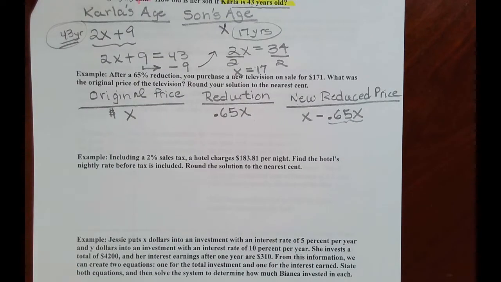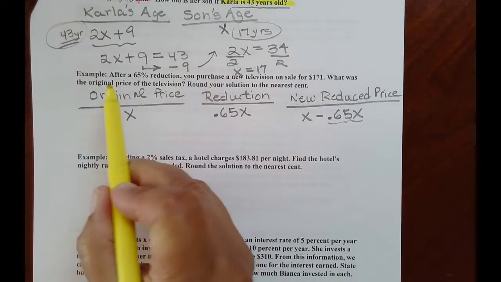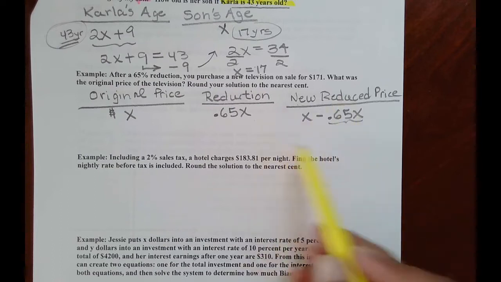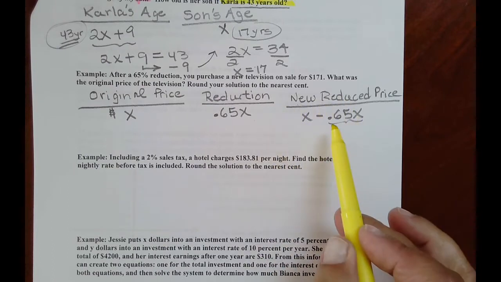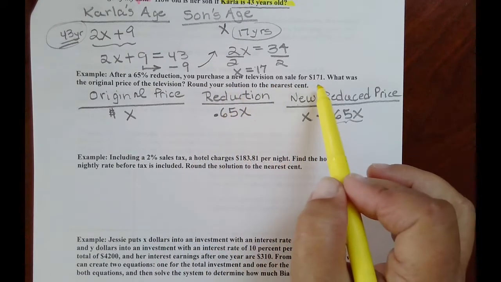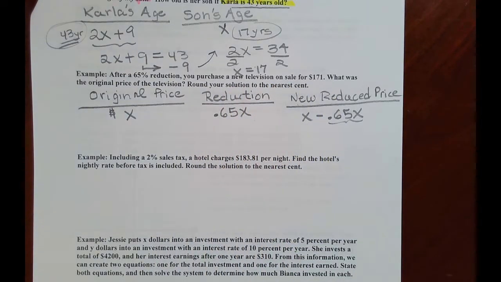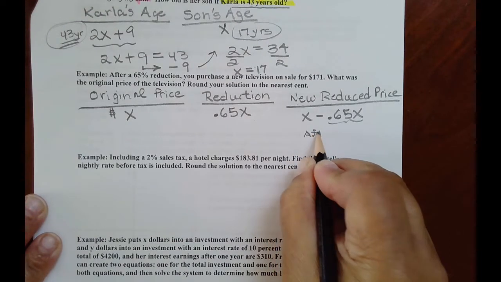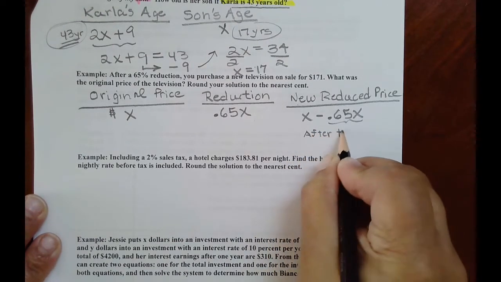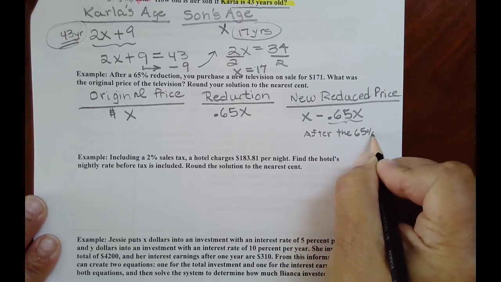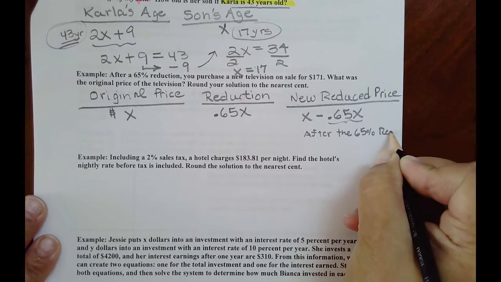Well, they give you some information about that. They say after the 65% reduction, you purchase the new television, you get it for $171. So this represents after the 65% reduction.